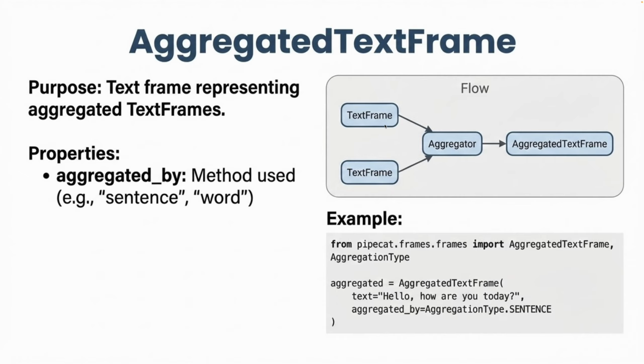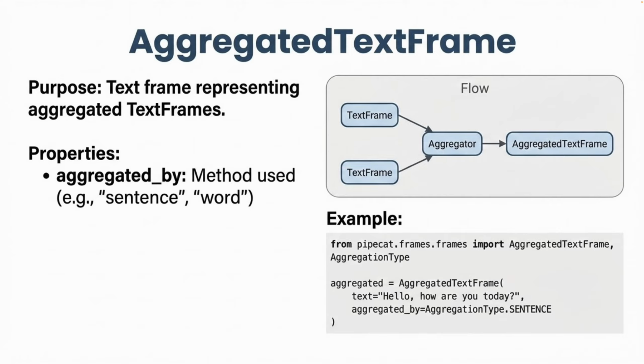We want to get all the different input from the user, and once we create all of those aggregated text, we output the aggregated text frame. Okay, this is the whole thing that the user has spoken, chunked by words or chunked by sentence. So we can have different aggregation strategies which we will see when we talk about processors.